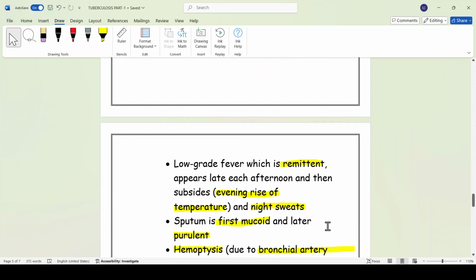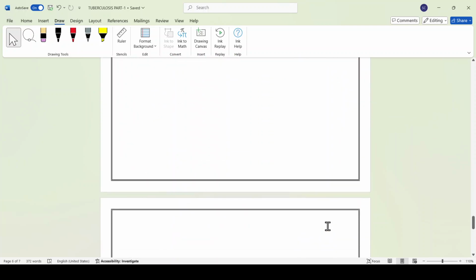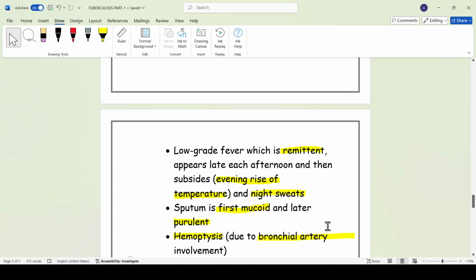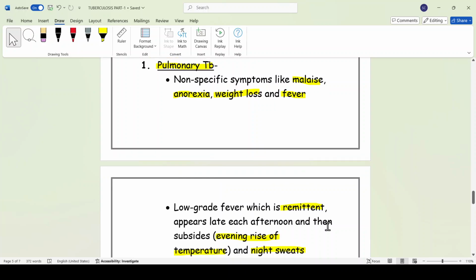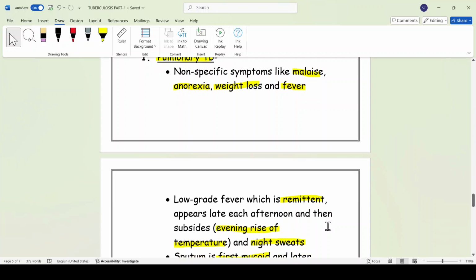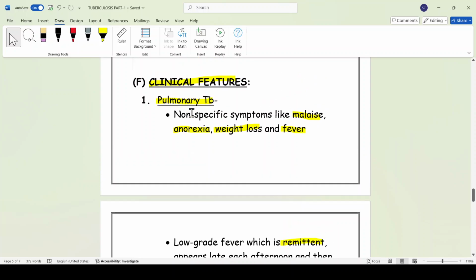Now coming on to the clinical features, there are very important clinical features on the basis of which TB can be differentiated from other cases, where there is fever, malaise, anorexia, weight loss. Okay. Now, in case of pulmonary TB, there can be several non-specific symptoms and several specific symptoms.